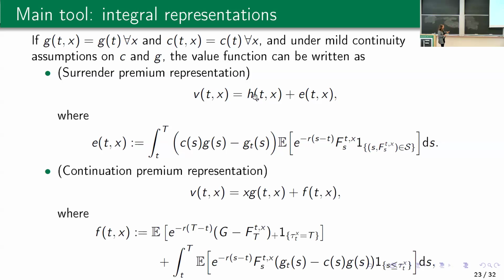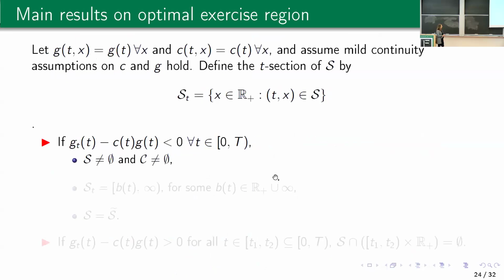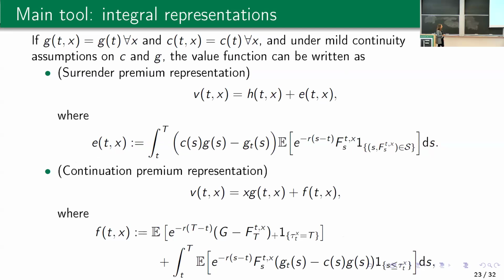And we have the continuation premium representation, which says that the value function can be expressed as the surrender benefit plus another part here, the F, some expectation and an integral part.